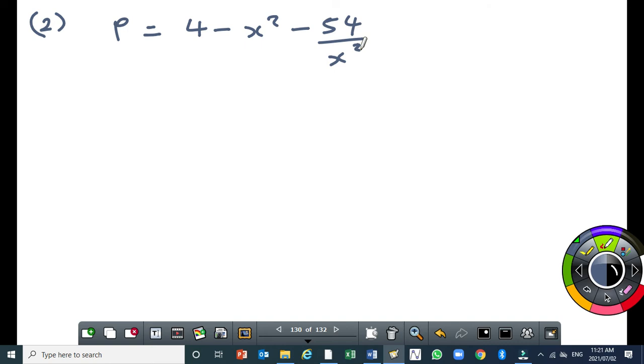At that maximum point, there is a y value, and for our case here, it's p. So all I have to do is substitute x where there is x in that equation, because the x that I'm substituting is the x which will give me a maximum value for p.